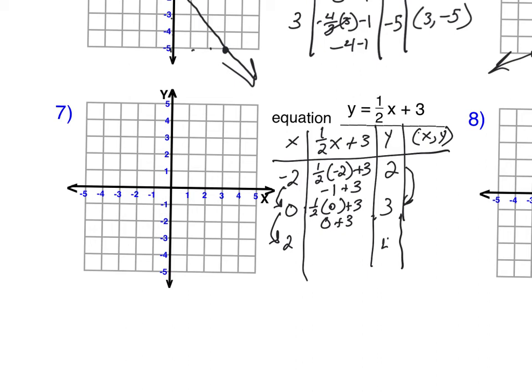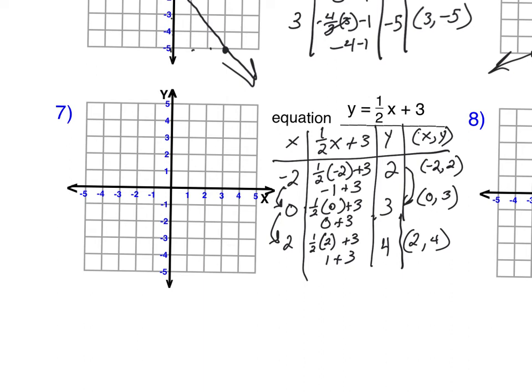So this should be 4. But let's do that and make sure that it's 4. Half of 2 plus 3. Half of 2 is 1. Plus 3 is indeed 4. So my coordinates are -2, 2, 0, 3, and 2, 4.